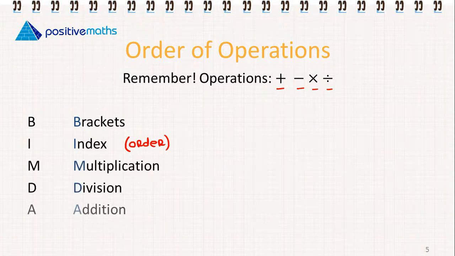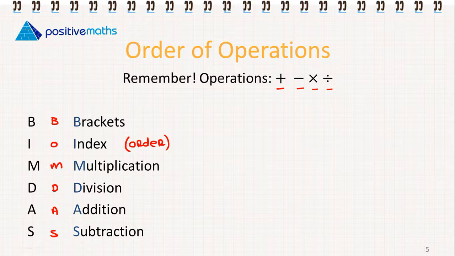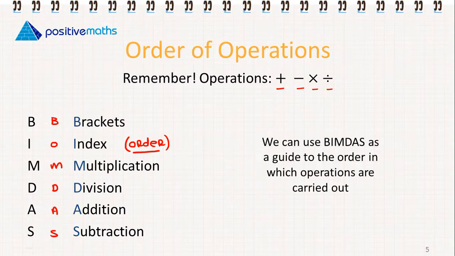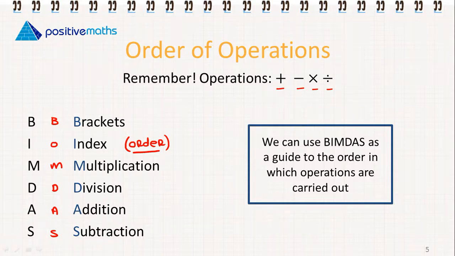Then multiplication, division, addition, and subtraction. So you might have heard maybe POMDAS instead. This is if you're just using the word order to represent your index, but it's the same idea. So we can use PIMDAS as a guide to the order in which operations are carried out.